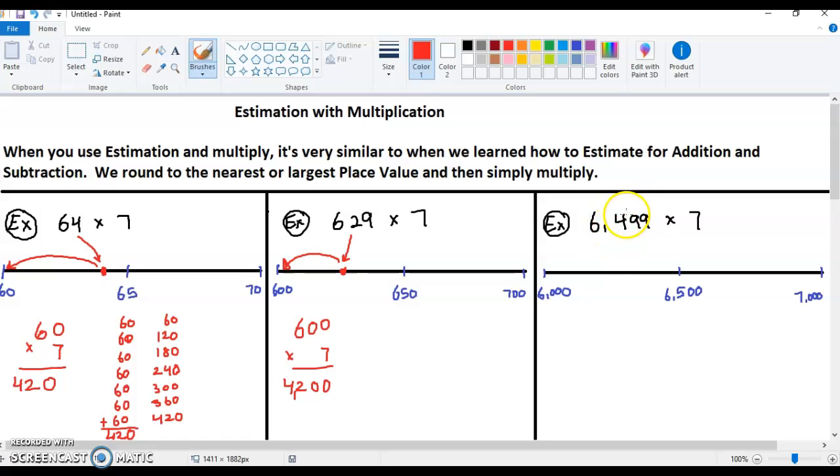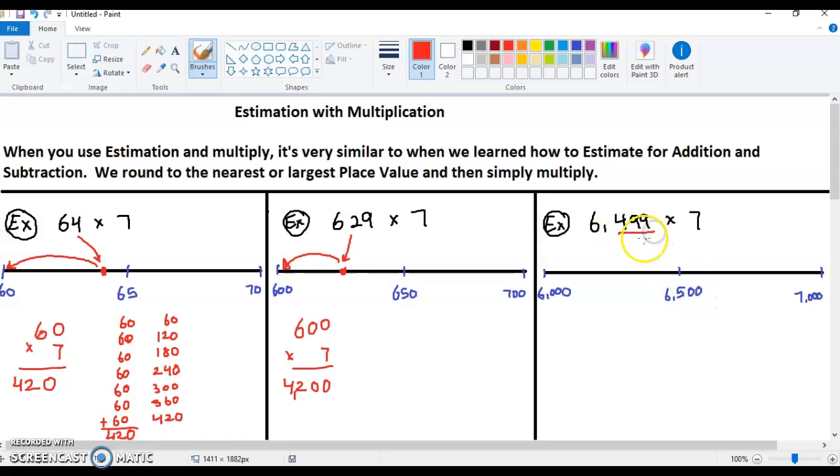For the last example, this is 6,499 times 7. So we're looking at this number right here, and we have to figure out, am I closer to 6,000 or 7,000? And again, I know that 6,499 is somewhere in between. But if I look at my number that's right in the middle, or halfway from 6,000 to 7,000, I have 6,500.